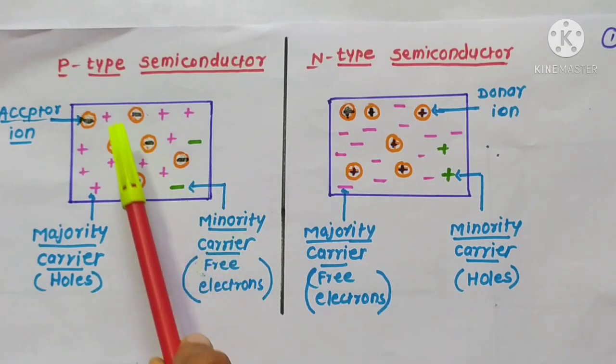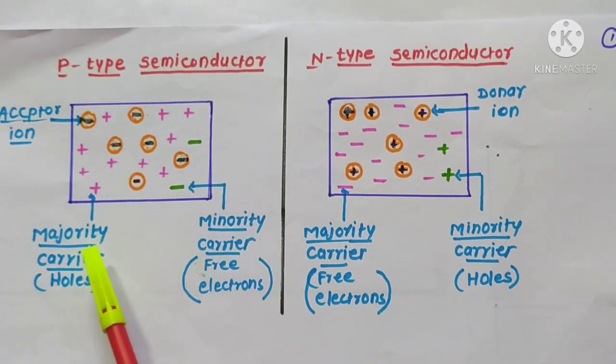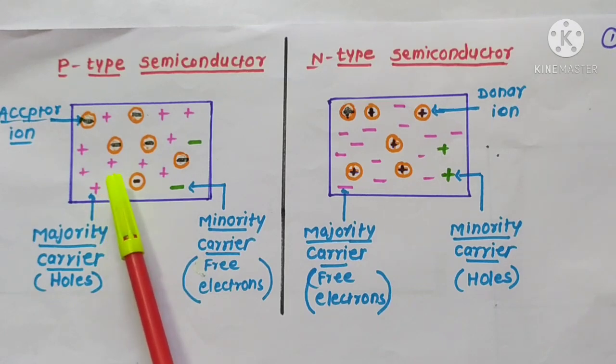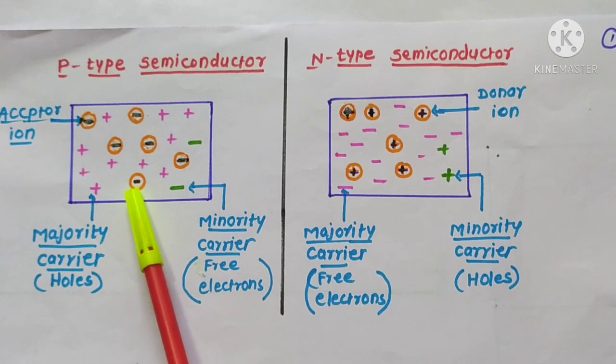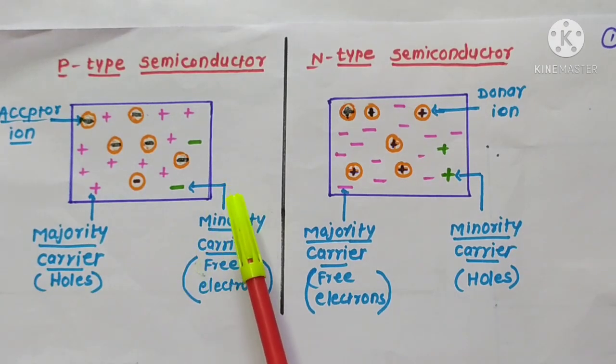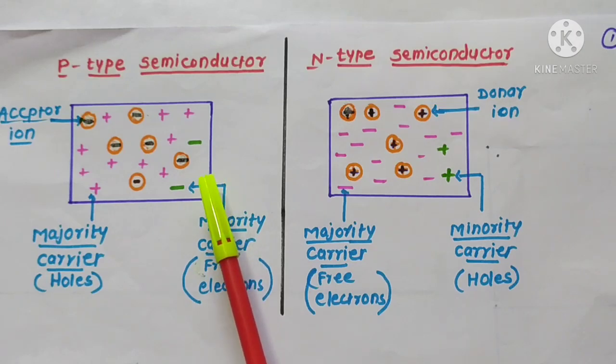In the same way, in p-type semiconductor holes are majority charge carriers as they are present in large proportion, while as compared to this, free electrons are less in number, so they are called minority charge carriers.